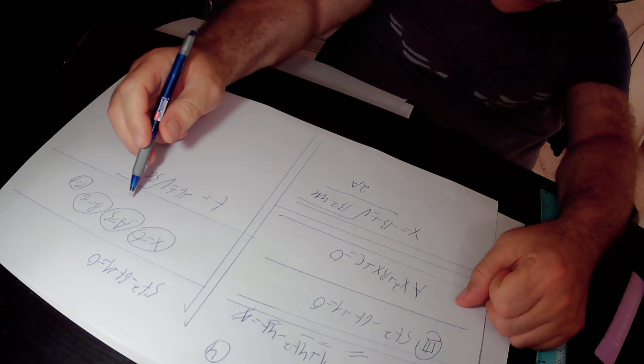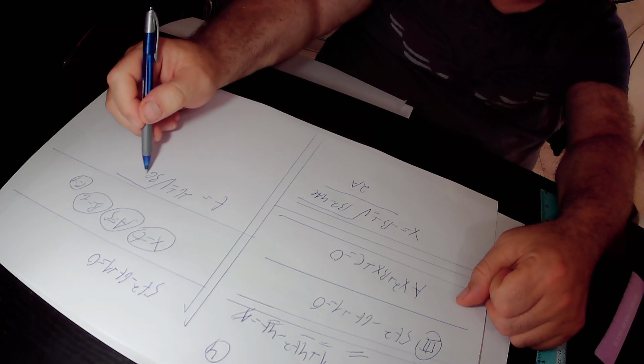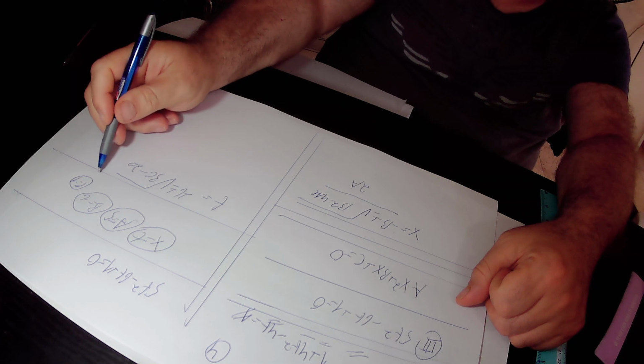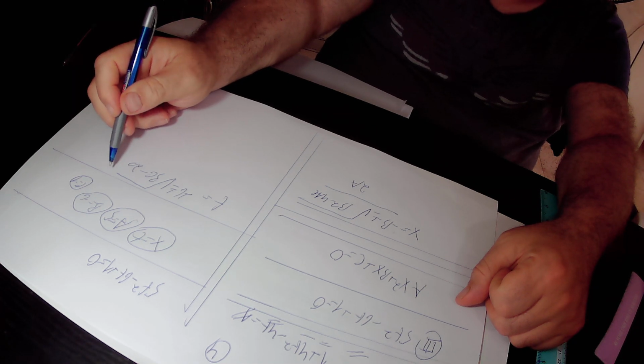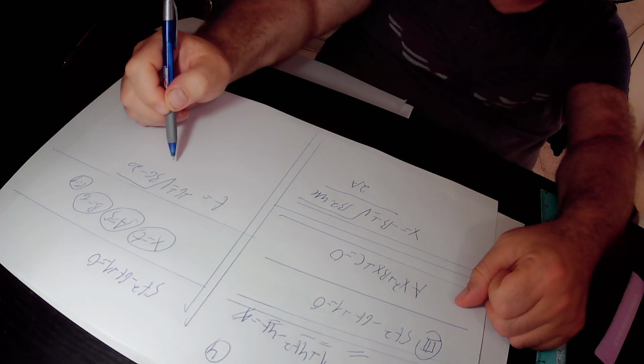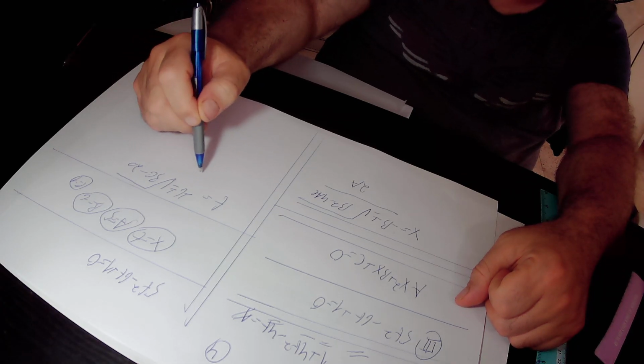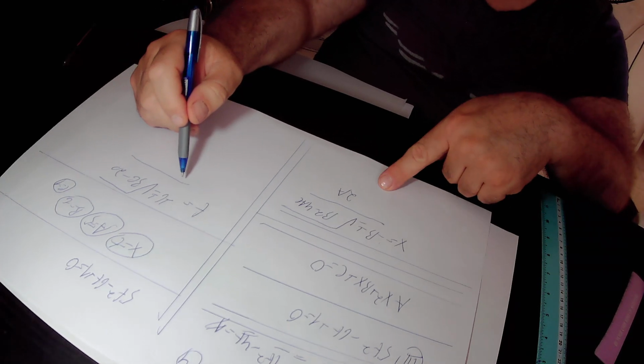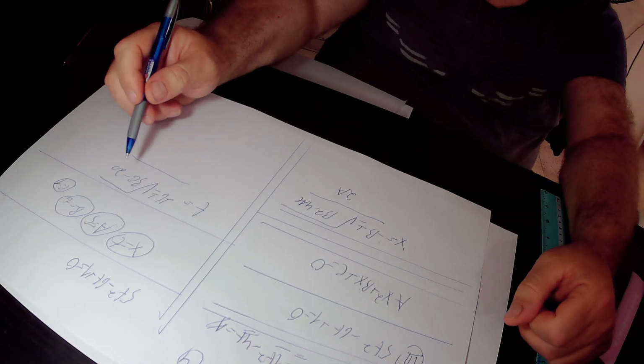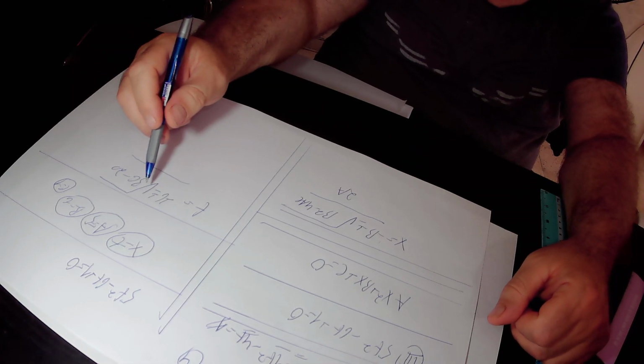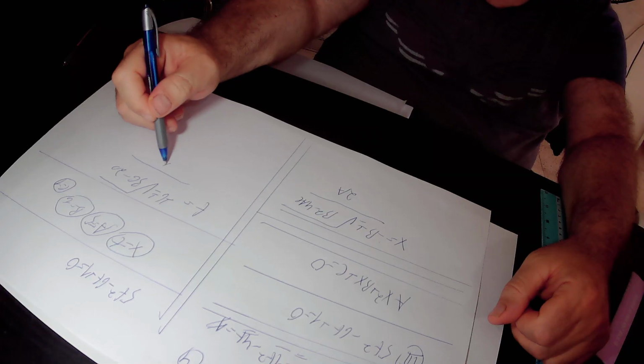Minus 4 times a, which is 5, so minus 4 times 5 is minus 20, times c, which is 1, so minus 20 times 1 is minus 20. So inside the root we have 36 minus 20, divided by 2a. a is 5, so 2a is 2 times 5, that is 10.